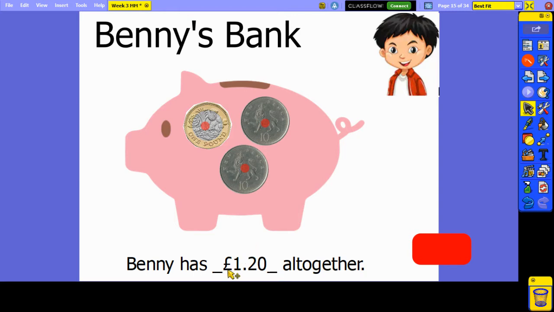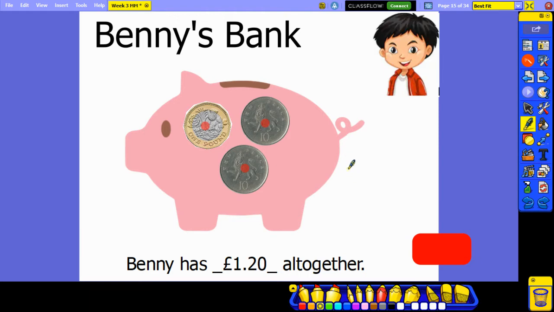It's just the pound sign. £1 and 20 pence is equal to 120 pence. So if you wrote 120 pence, you're right. But we need to start using this pound sign once we get past 100.